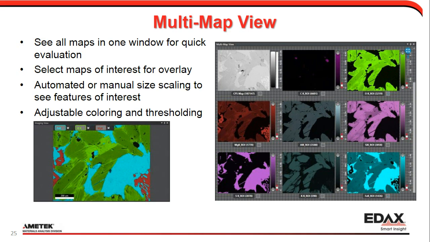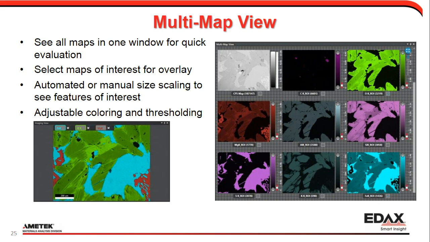These functions can be easily accessed through right-click menus. You can also select multiple maps to have them overlaid in the larger imaging view window. The picture on the bottom left shows iron and oxygen are overlaid on top of magnesium.